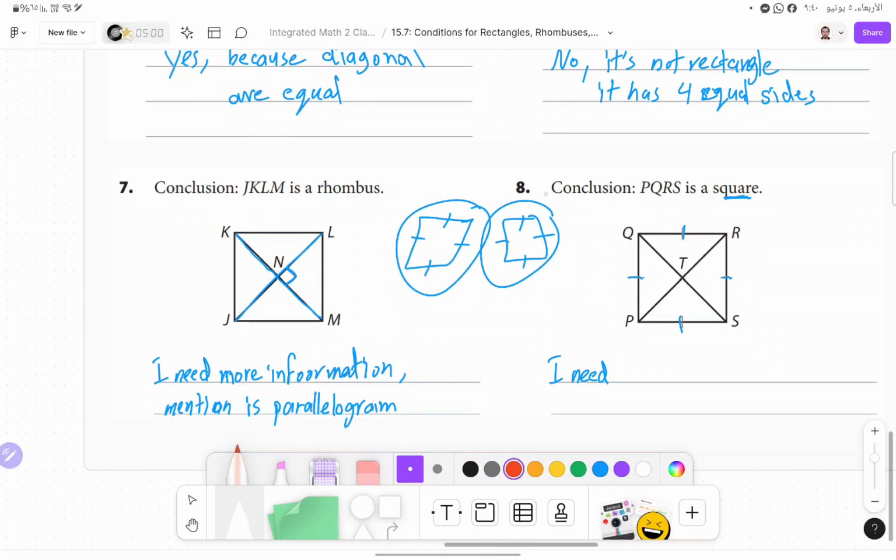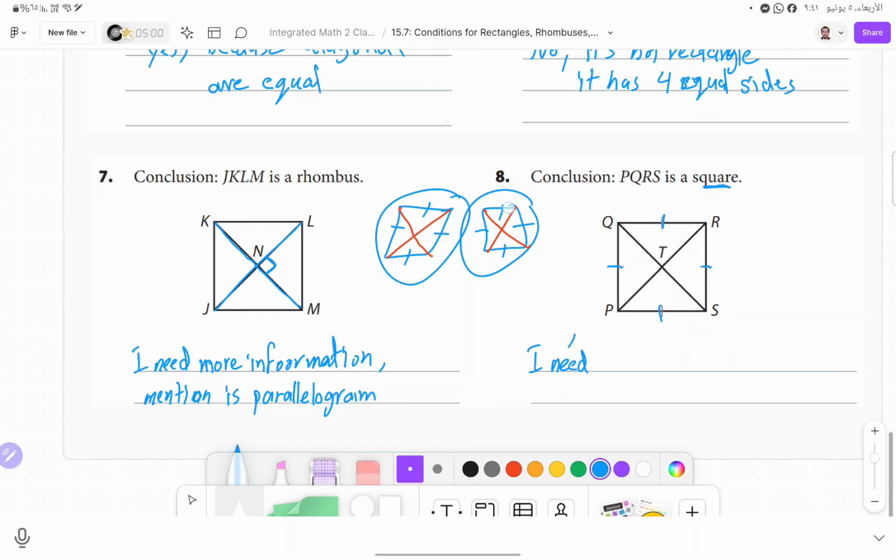We know that in the square, this side here is equal to this side here, but in the rhombus, this one is not equal to this one, right? Because you know that the square has 90 degrees here, 90, 90, 90, but in the rhombus, this one is not 90, this one is not 90.